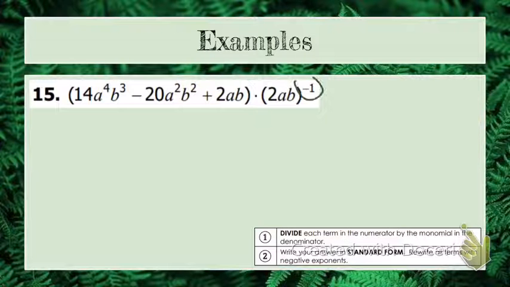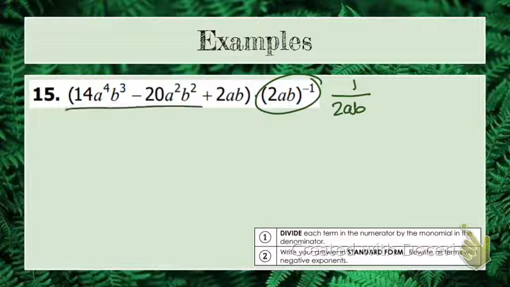Now remember, when we have things to a negative power, that means that we take the reciprocal of it. We put it in the denominator. So this 2ab to the negative 1 power is actually equal to 1 over 2ab to the first power, but the first power doesn't do anything.